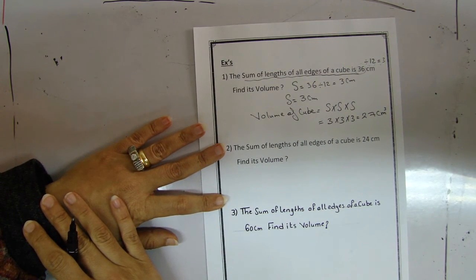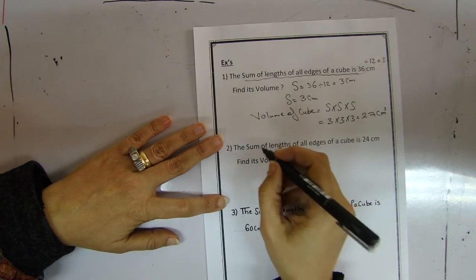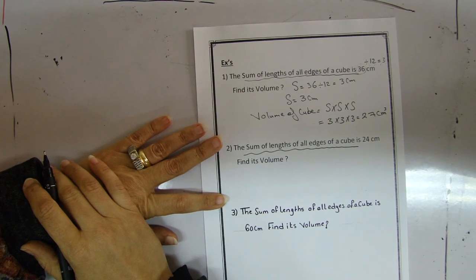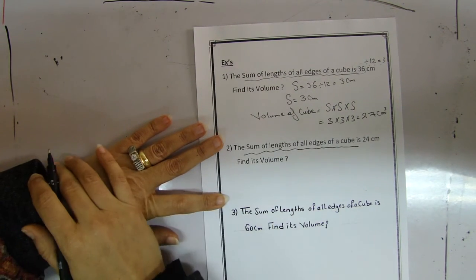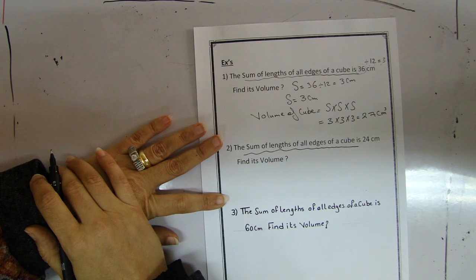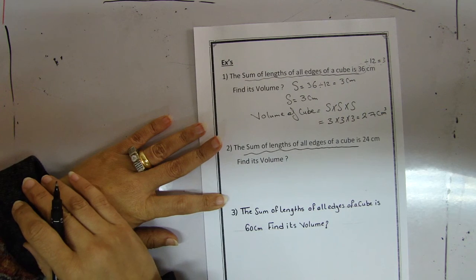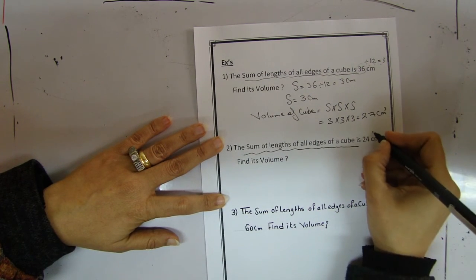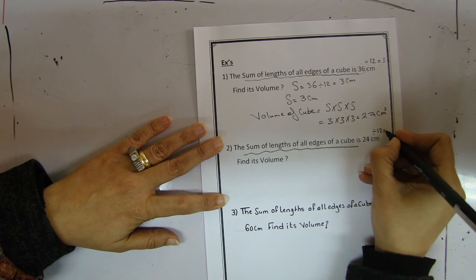Another one. The sum of lengths of all edges equals 24. We want the volume of the cube. Volume equals what? Side times side times side. But we have the sum of all edges. We divide it by 12 equals what?